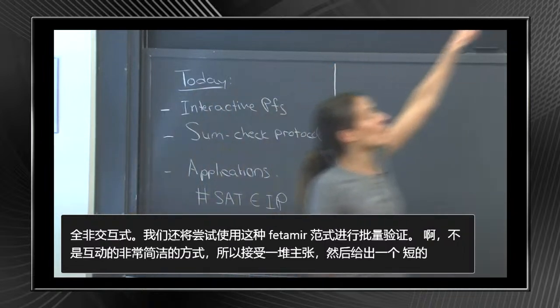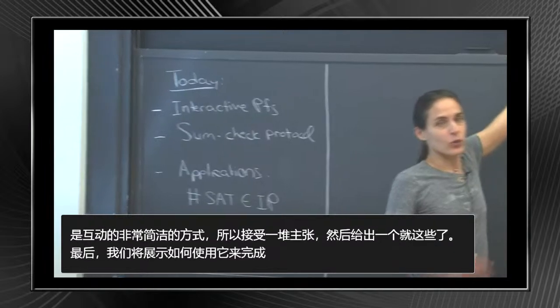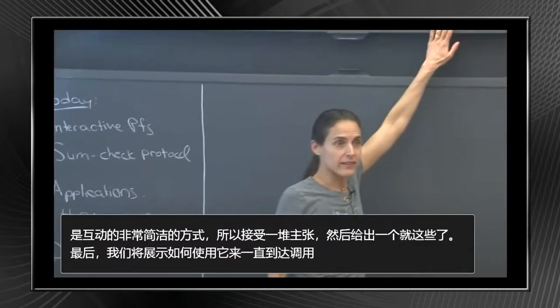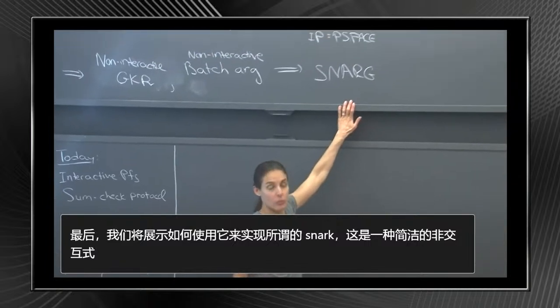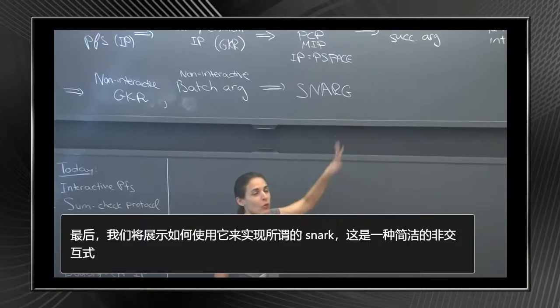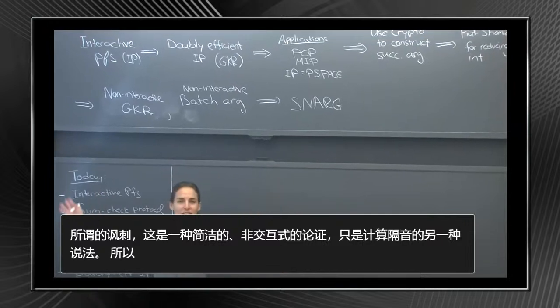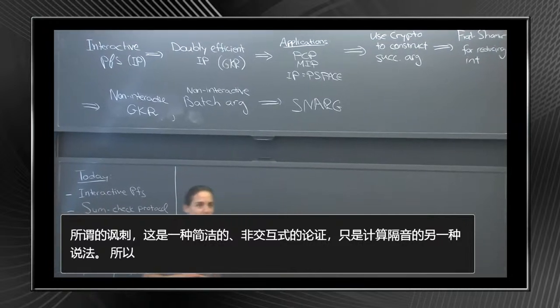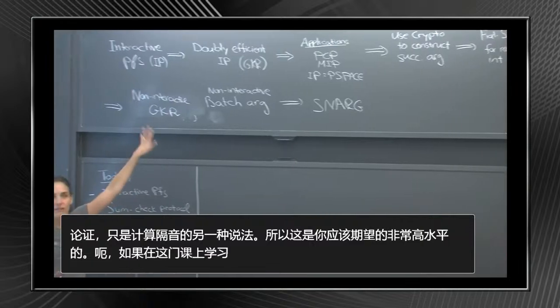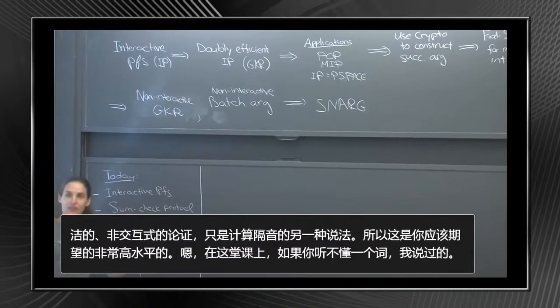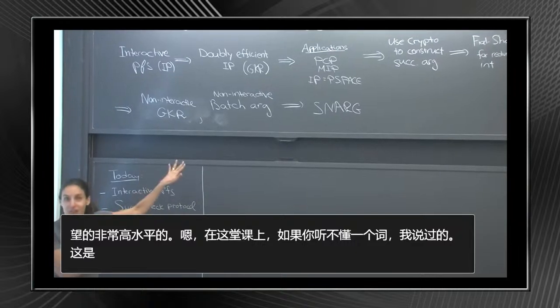And finally, we're going to show how to use that to go all the way to what's called a SNARG, which is a succinct non-interactive argument. Argument is just another word for a computationally sound proof. So this is the very high-level view of what you should expect to learn in this class. If you didn't understand a word I said, this is the goal: that you will understand this by the end of this class.